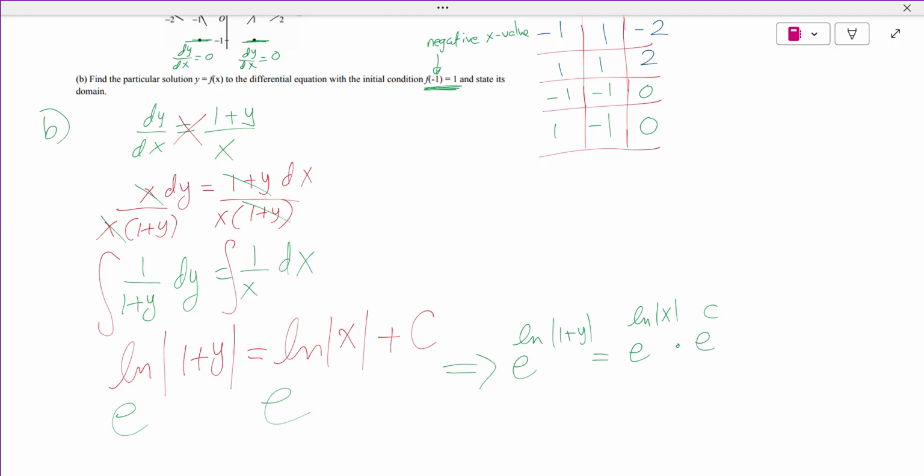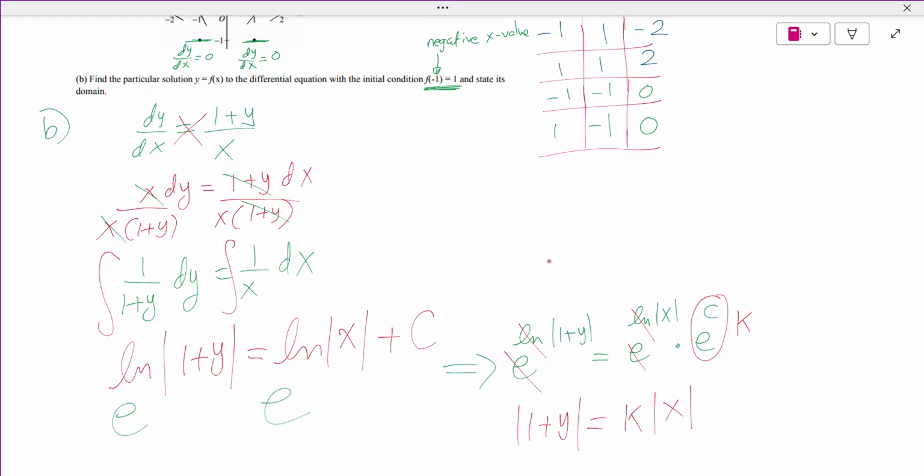Now, c is a constant, so e to the power of c is a constant. Let's make it k. So now e cancels the ln, right? What do we have now? We have the absolute value of 1 plus y equals k times the absolute value of x, right?